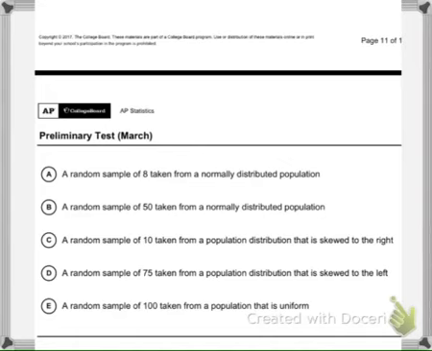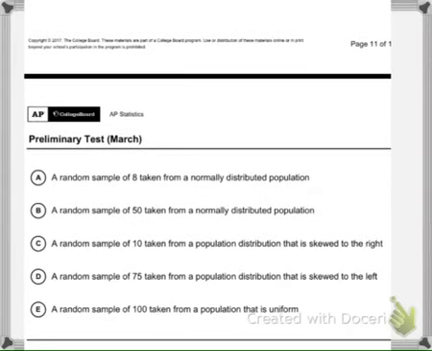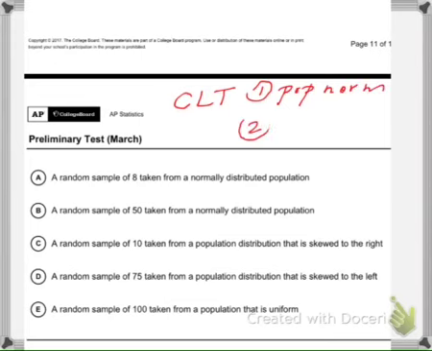For number 15, we need to know the central limit theorem and what it tells us about the sampling distribution being normal. It's either the population that the sampling is coming from is normal, or we have a big enough sample size, and the sample size being big enough is defined as being greater than 30.